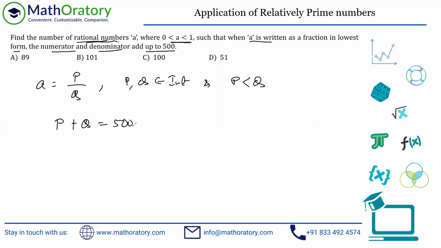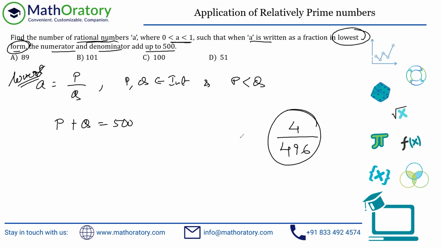Now, please understand, this is a relevant thing. A is written as a fraction in the lowest form. So we have to consider this p by q as the lowest form. What it means is, suppose I have something like 4 by 496. Yes, you can argue that 4 and 496 add up to 500, but this is not the reduced form, isn't it?